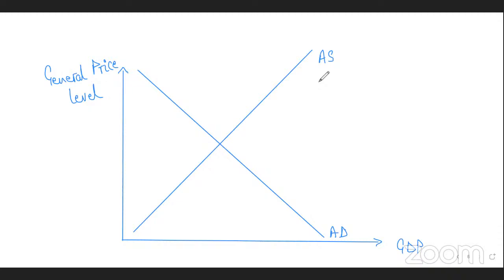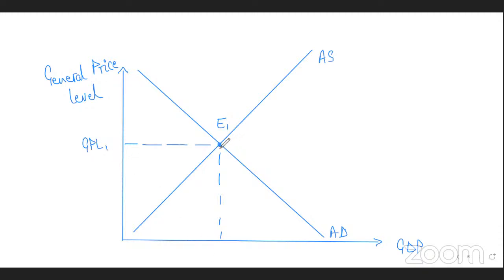Just like in a normal market where demand and supply intersect, that's an equilibrium. Similarly, in macroeconomics, where aggregate demand intersects with aggregate supply, that will be the equilibrium. On the y-axis, you will have GPL1, the general price level.